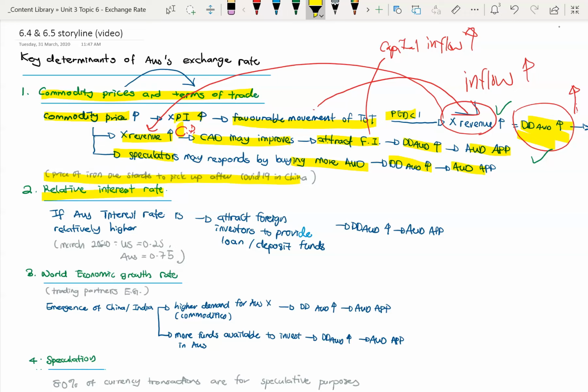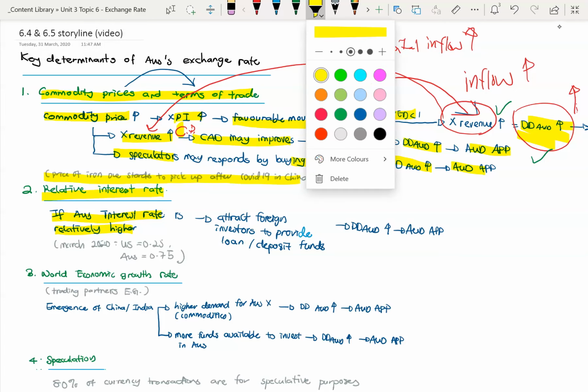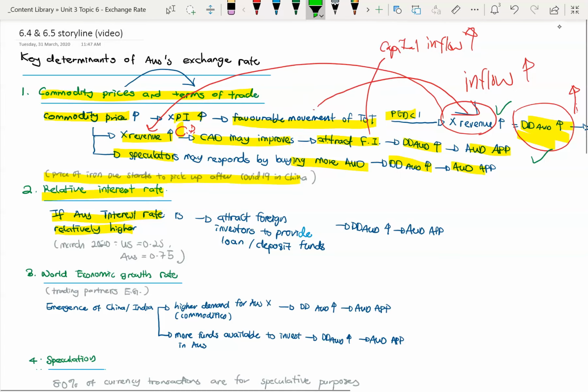Here, for relative interest rate, I am comparing the interest rate of Australia with another country. I give you a fact already. In March 2020, which is just recently, the US cash rate is 0.25%. Australia is 0.75%.